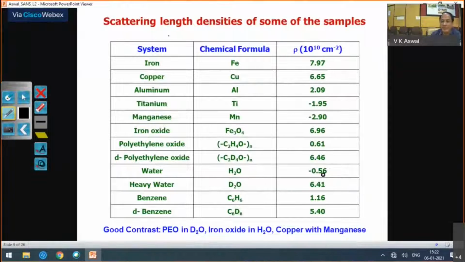So what it means is that whenever you want to do small angle neutron scattering, it is better to have some idea about the scattering length density of the components in your system, so that you know which matrix or which solvent will work for your system. So PO in D2O gives good contrast, but iron oxide in H2O gives you good contrast, and the same is copper with manganese. So copper is 6.6. If you have manganese, you will have a very good contrast.